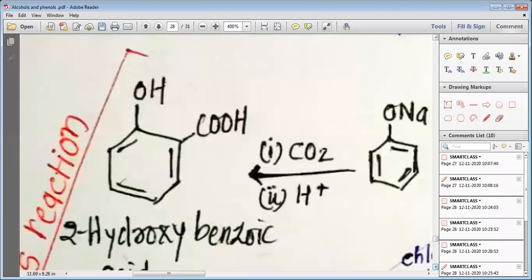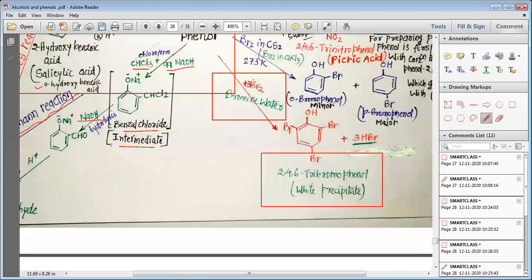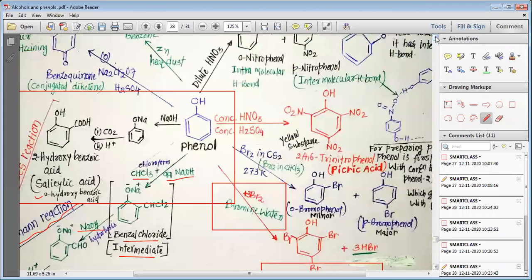The 2-hydroxybenzoic acid is also known as salicylic acid, and it is also known by another name, orthohydroxybenzoic acid. So this is how, my dear students, we can easily understand the process known as the Kolbe reaction or Kolbe process.